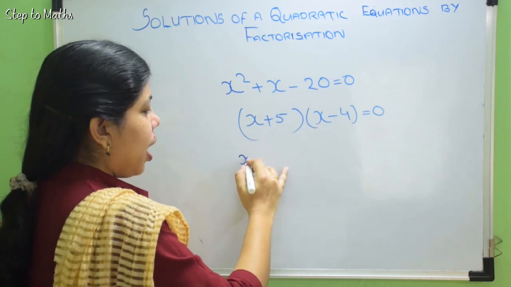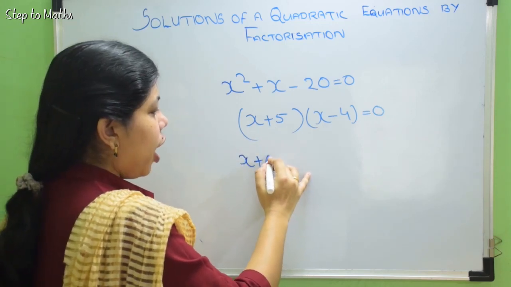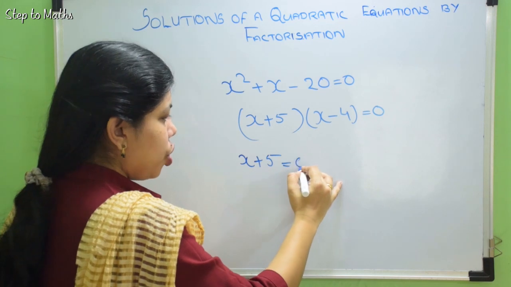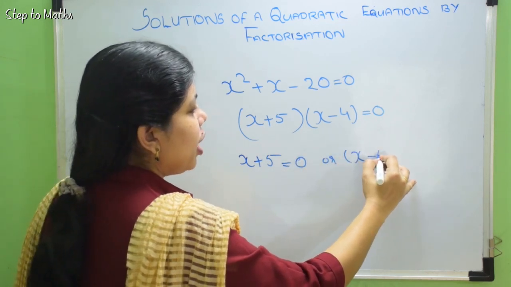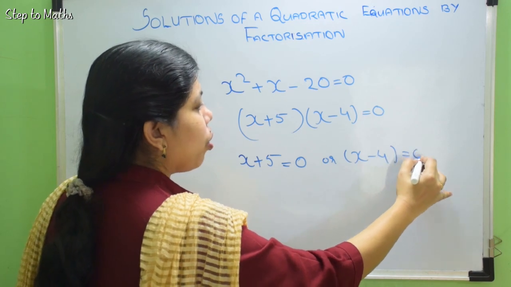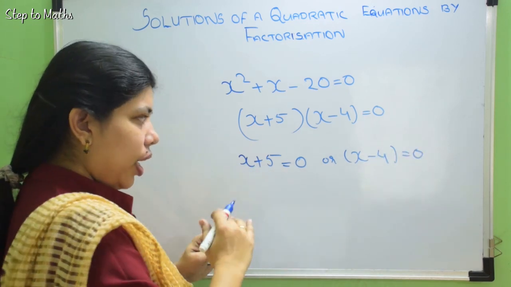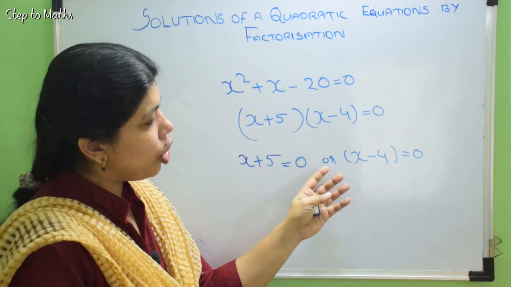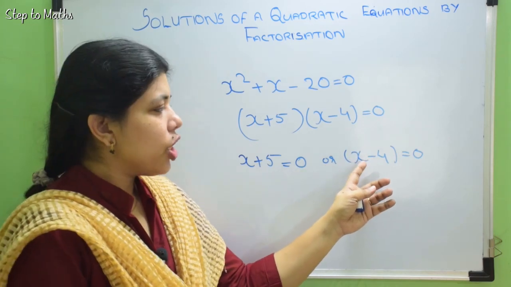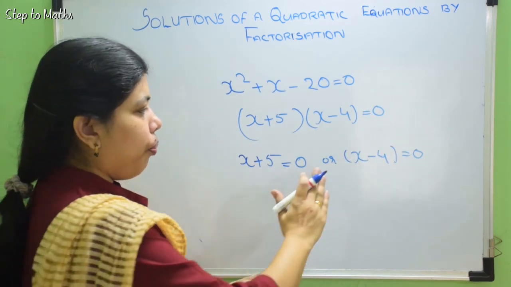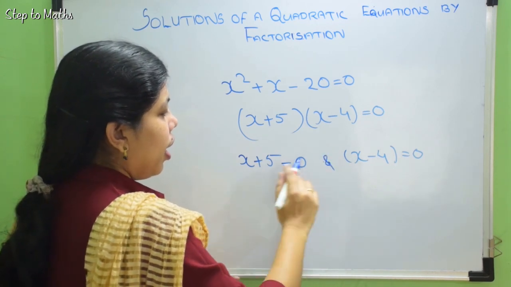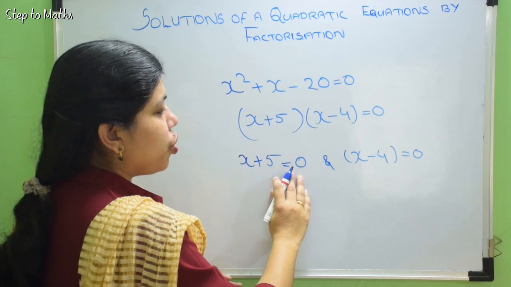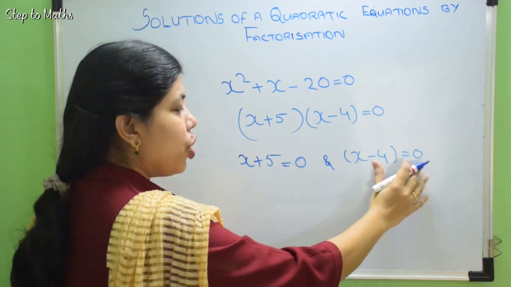That means x plus 5 equal to 0 or x minus 4 equal to 0.